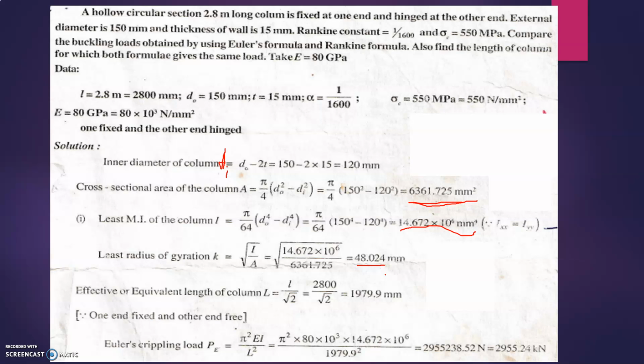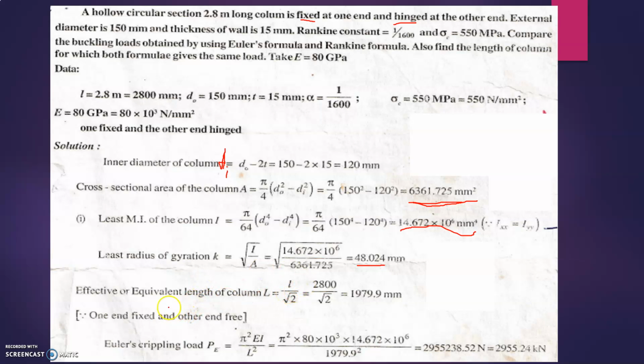Next, what you have to do here, you should know the effective length. What is the effective length here? Here one end is fixed and the other end is hinged. So what is LE? L effective is equal to L divided by root 2. I have given 4 end conditions.